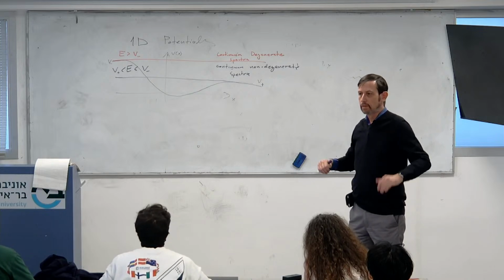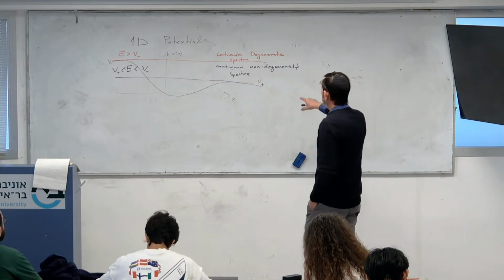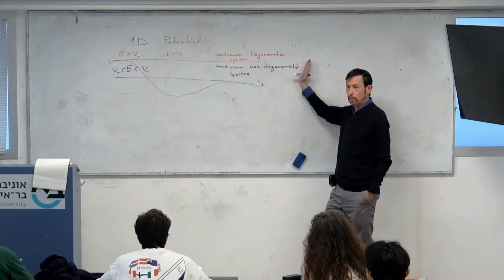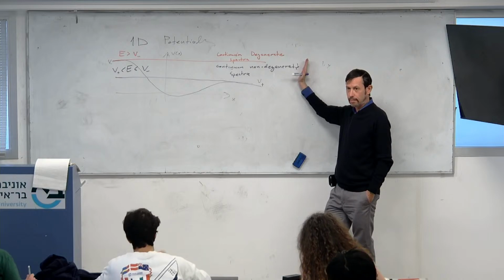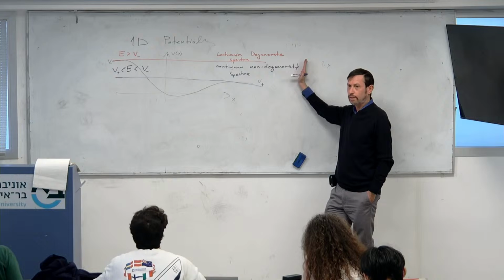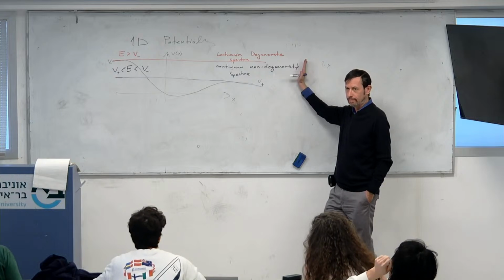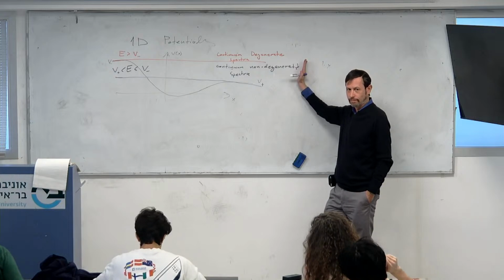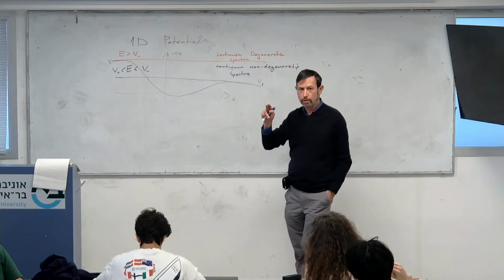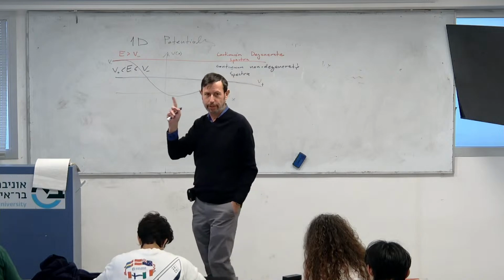Okay, now, in this case, we have a continuum. Nothing stops it at plus infinity, no potential, but degeneracy is killed. So we don't have two solutions for each eigenenergy, only one.